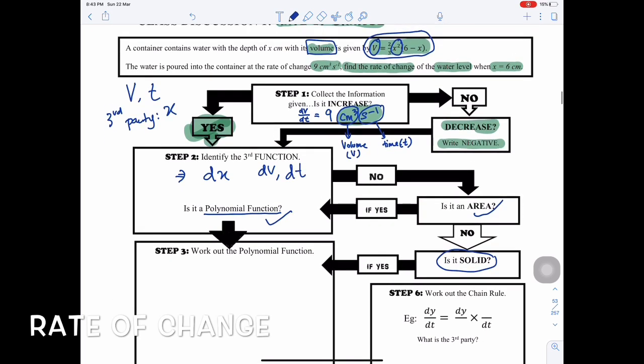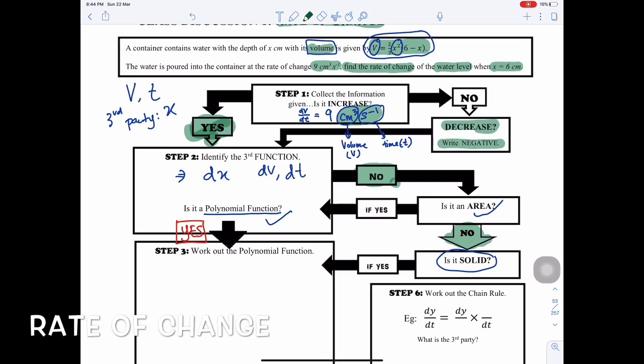If you do not choose polynomial function, you color no. If it is a polynomial function, you can choose yes, but now because you don't choose it as a polynomial function, you color no. Next question, is it an area? If yes, go to step 2, but it is not, so you color no.